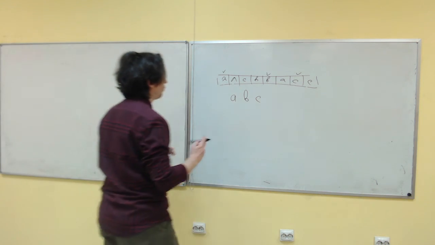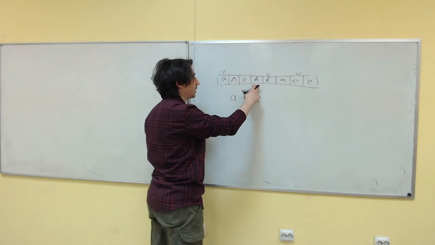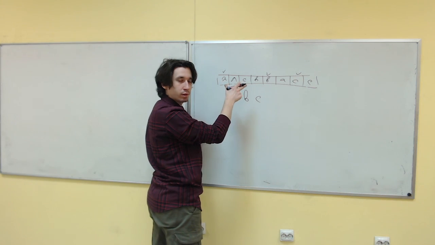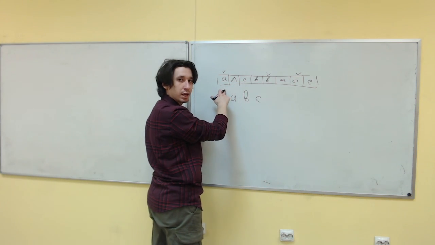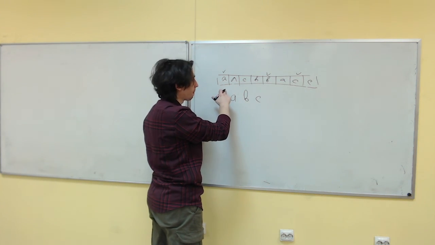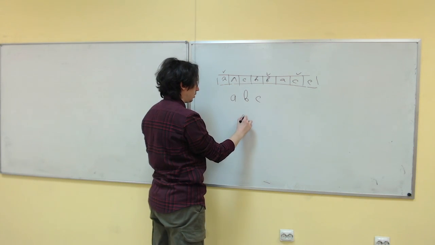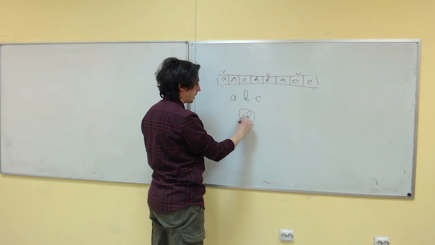So for each B, let us calculate the number of ABs. This is exactly the number of A's on the left. Then at each B, you already know how many ABs there are.